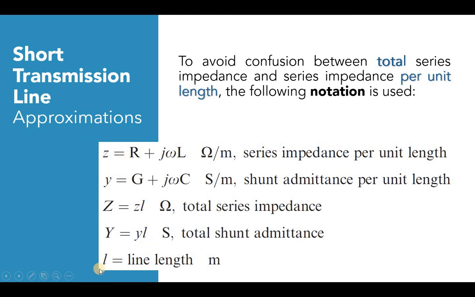Okay, so these notations apply to other transmission line models, whether it's medium or long transmission lines, we follow the same notation, no? So please take note of this, the big difference between small z, y, and capital Z and Y. Okay, I hope it's clear.